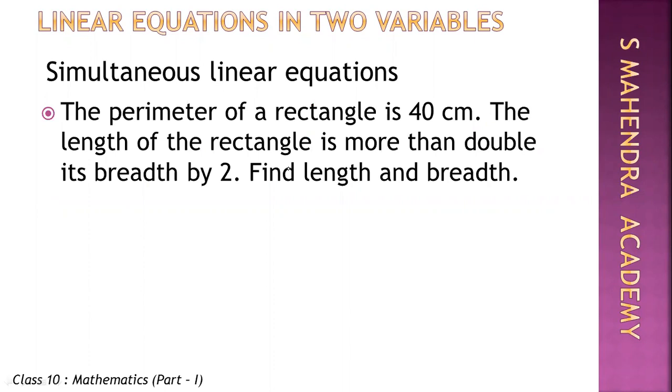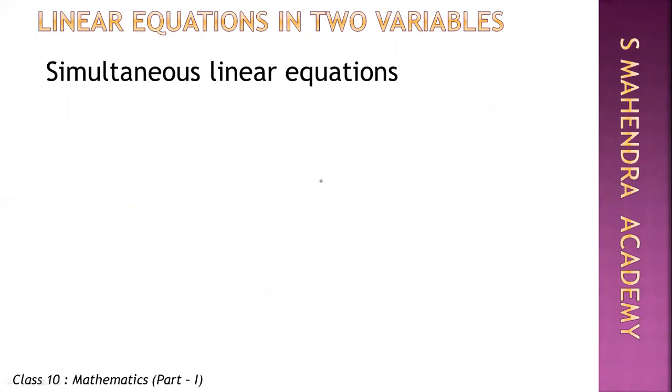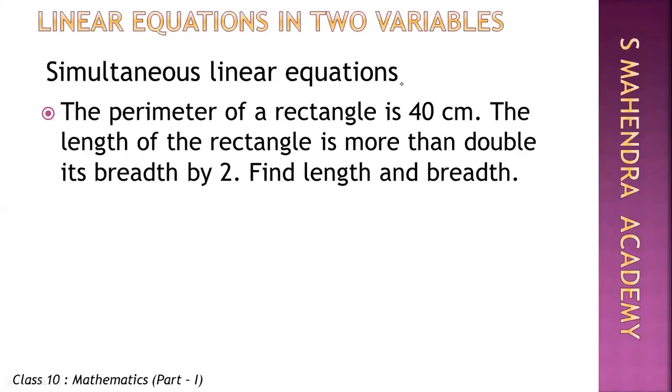Here the two variables are the length of the rectangle and the breadth of the rectangle. So we will consider length of the rectangle as x and breadth of the rectangle as y.